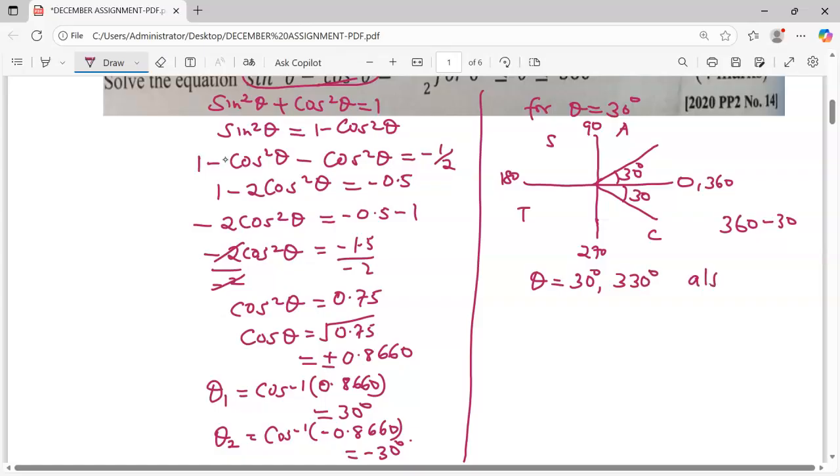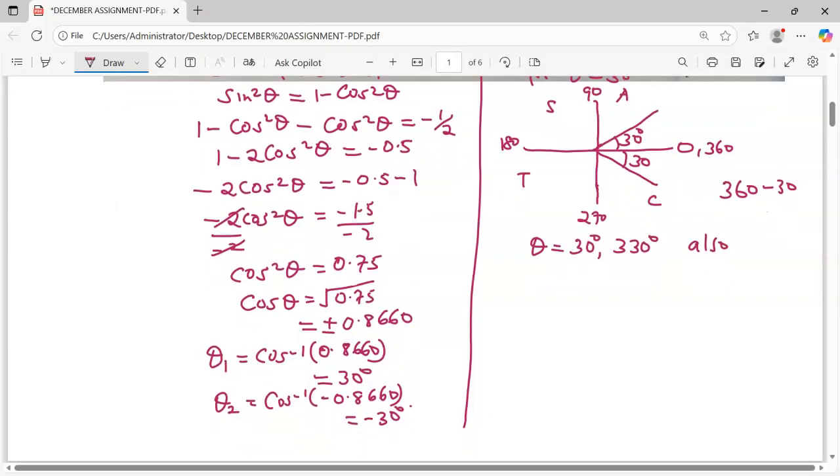Also, we can do the same for negative 30. We can draw again the unit circle as we have done up there. This is A, S, T, and C, that is for the cosine.